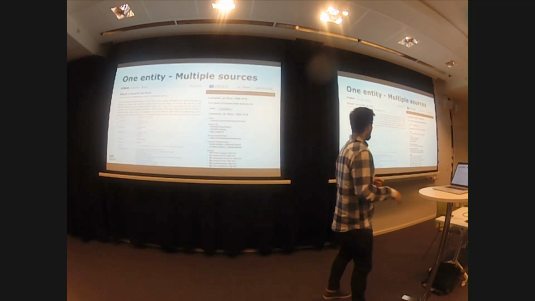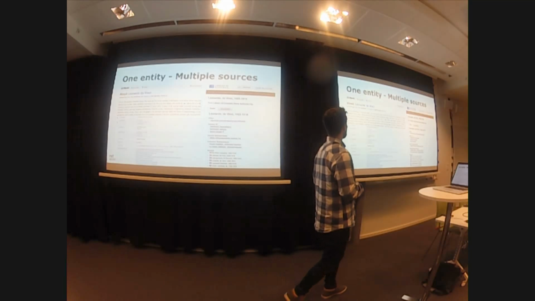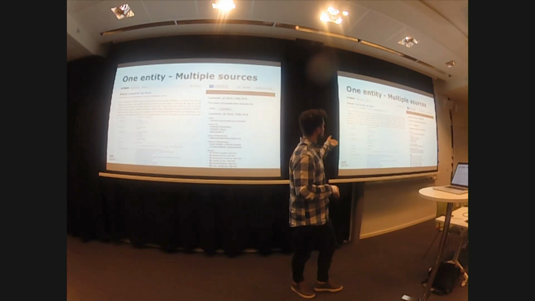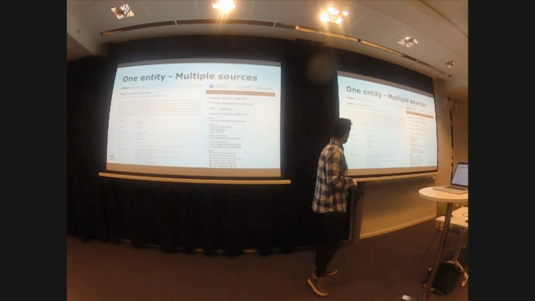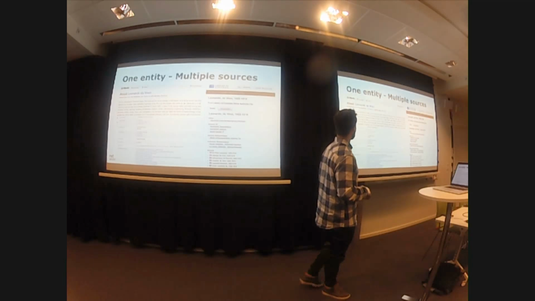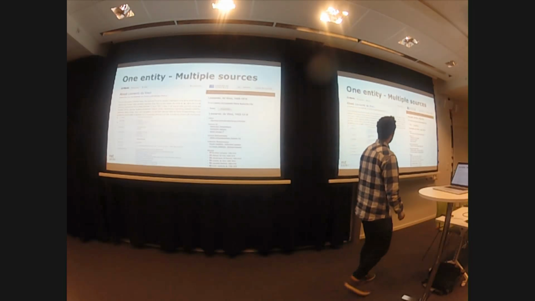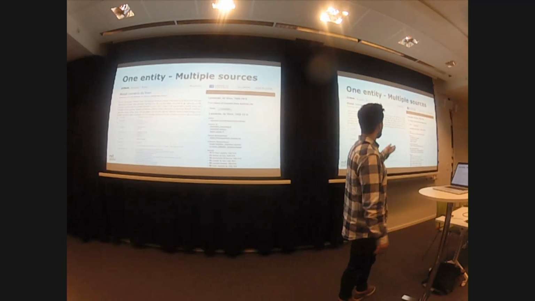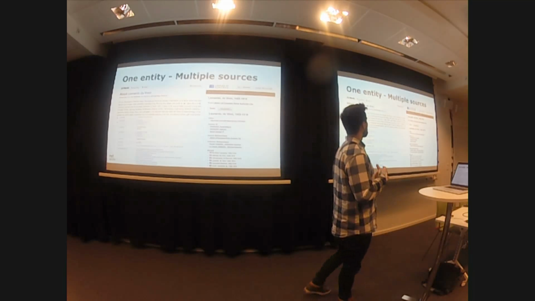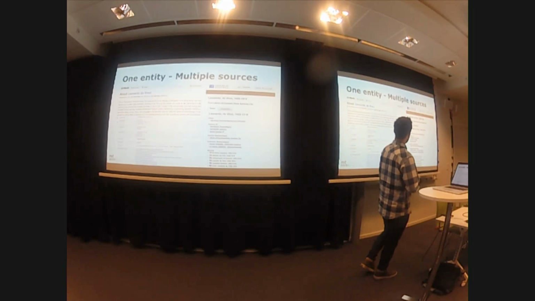So here we have an example in DBpedia talking about the painter Leonardo da Vinci, and this is an RDForms form in DBpedia that has some properties and some values for Leonardo da Vinci for that resource. And here the screenshot is not aligned well. Also we have another resource, another page, so another graph that talks about the same entity, which is Leonardo da Vinci, and it has properties of its own.